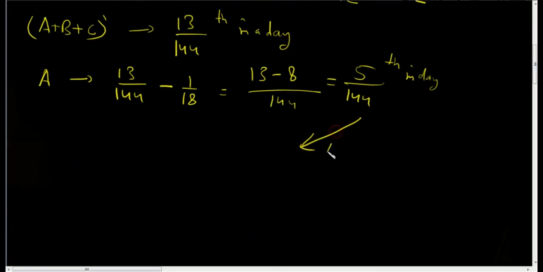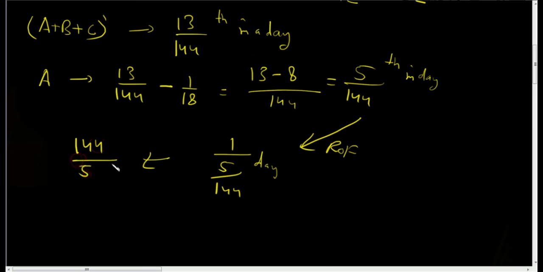We apply ROF here. So we get that A finishes this task in 1 by 5 by 144 days, right? So that is nothing but 144 by 5 days. So A will take 144 by 5 days to finish the whole task.